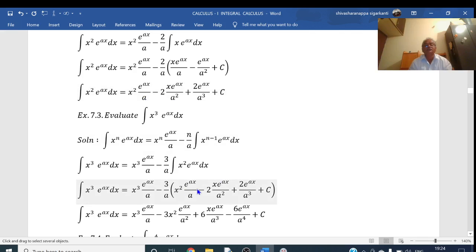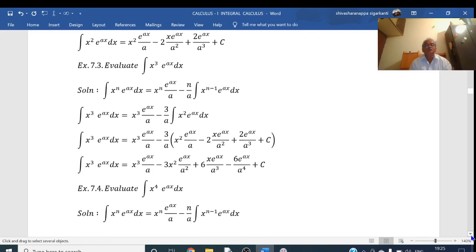So here substituting, and multiplying we get x cube into e raised to ax by a minus 3x square e raised to ax by a square, minus into minus plus 3 into 2 is 6 x into e raised to ax by a cube, minus into plus is minus 6 by a to the power of 4 into e power of ax plus c.